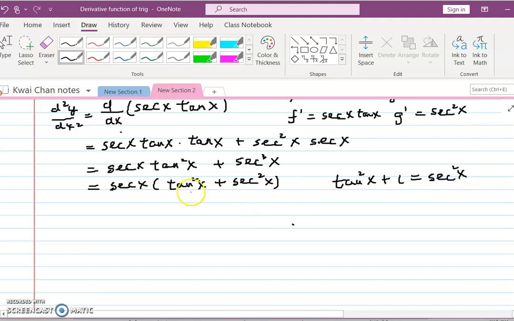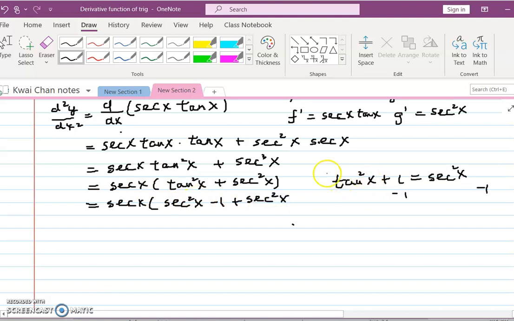So I can change tangent squared x into secant squared x minus 1. If I subtract 1 from both sides, I have tangent squared x.